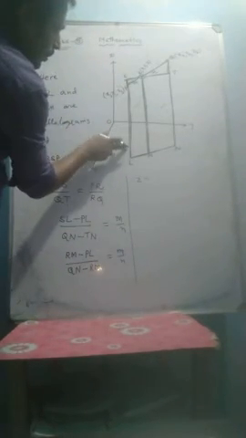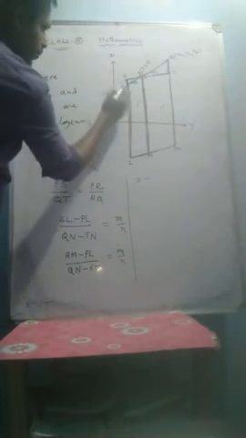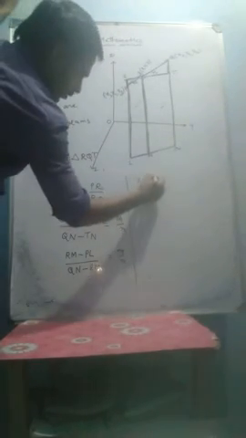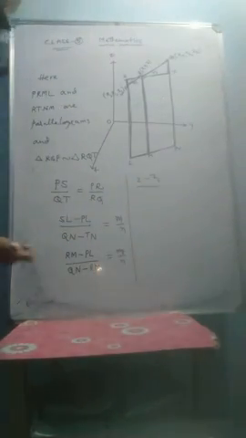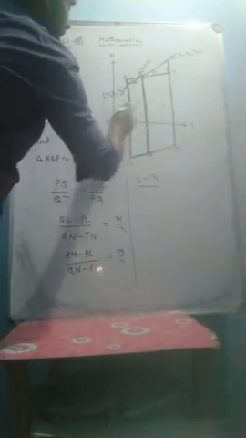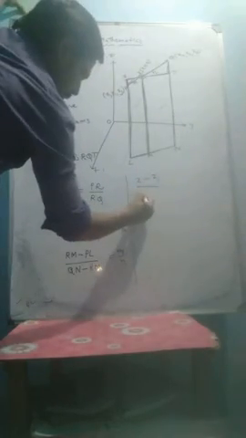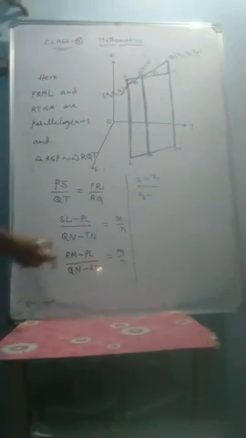PL is also perpendicular to the XY plane and parallel to the Z axis. Therefore, the Z coordinate is Z1. QN is also perpendicular to the XY plane and parallel to the Z axis. Therefore, the QN Z coordinate is Z2 minus RM.